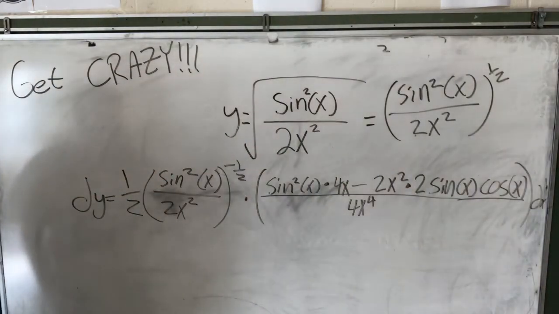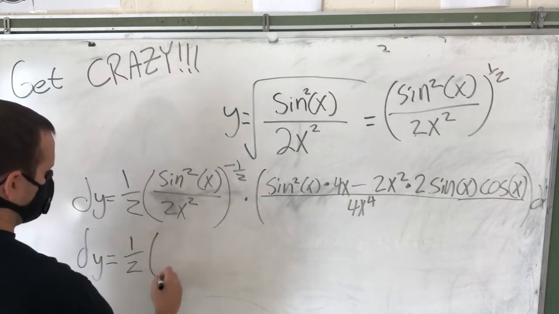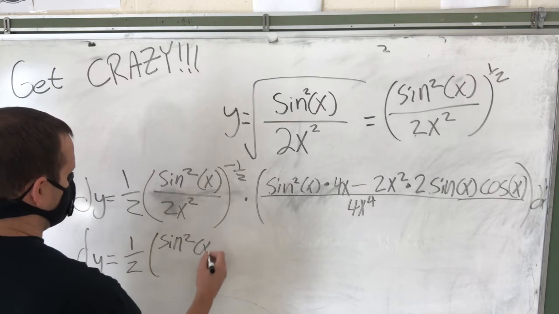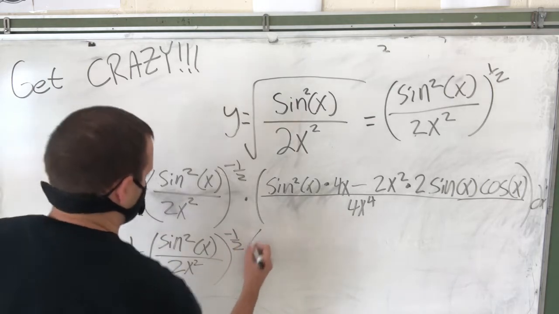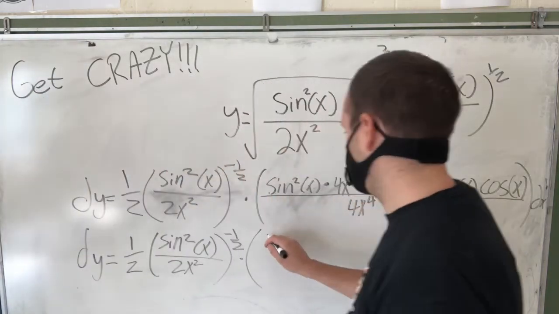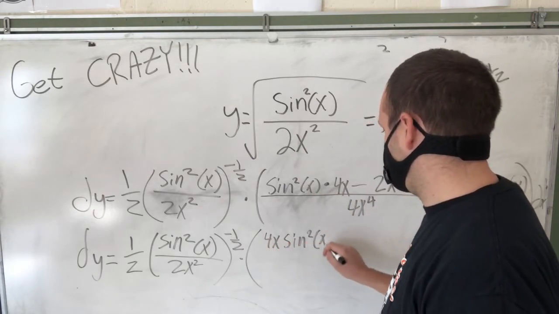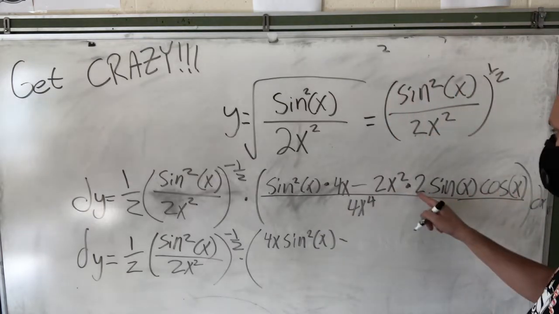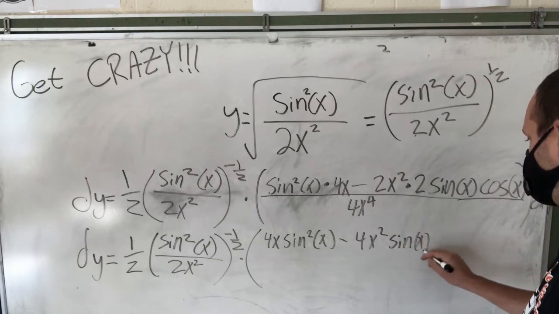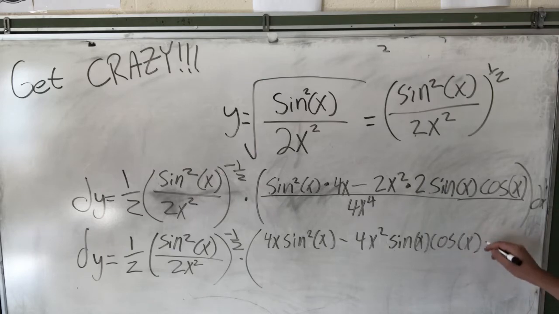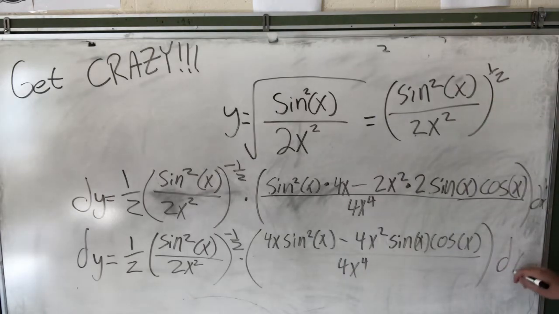That would give me dy equals 1/2 sine squared x over 2x squared to the negative 1/2 power times, let's see here, 4x sine squared x minus, 2 times 2 is 4, 4x squared sine x cosine x, all divided by 4x to the 4th dx.